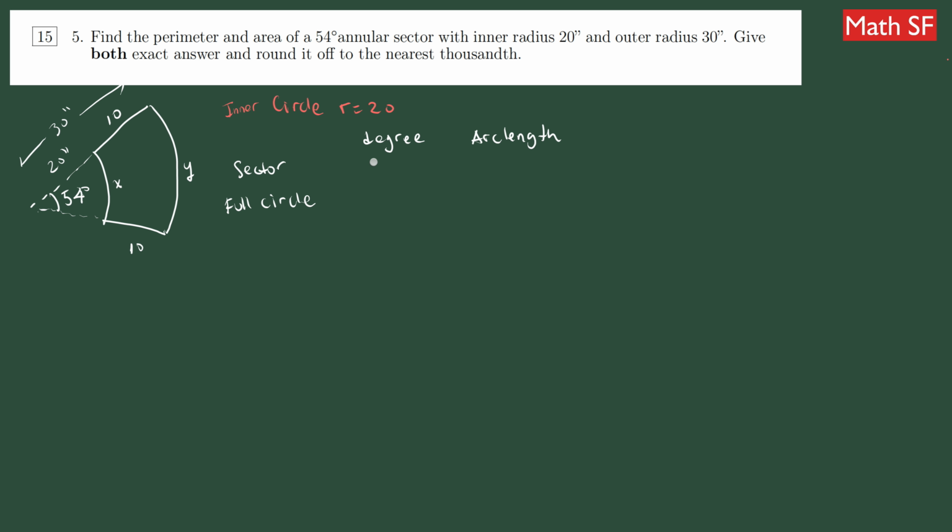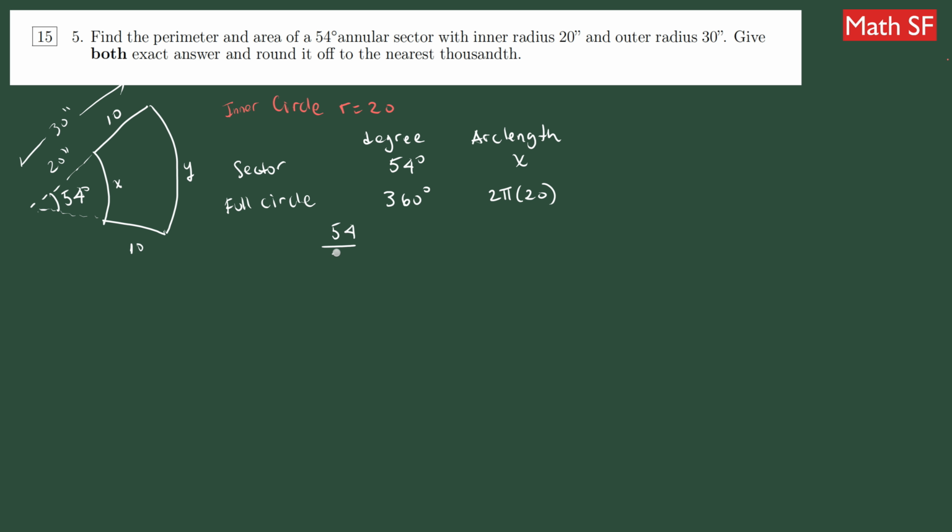The sector degree is 54 and the full circle should be 360. The arc length is x and the arc length of the entire circle is 2 pi r, which is 20. So let's solve for x.